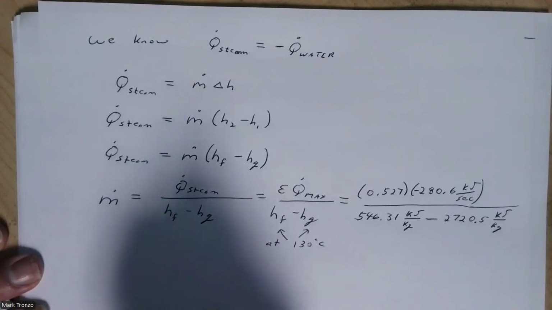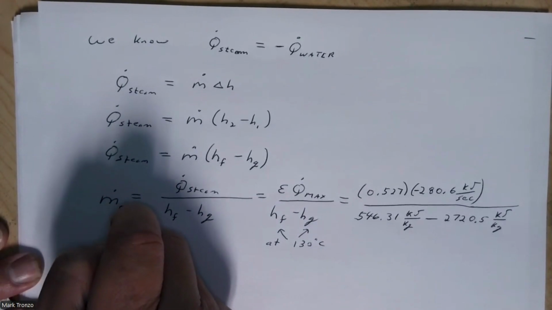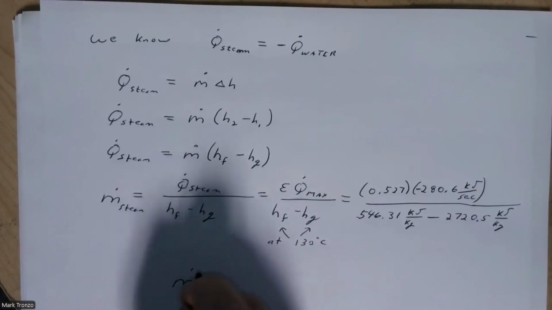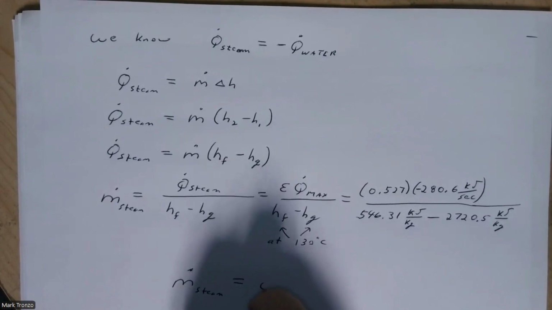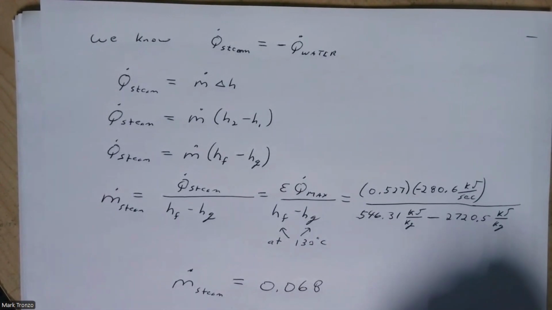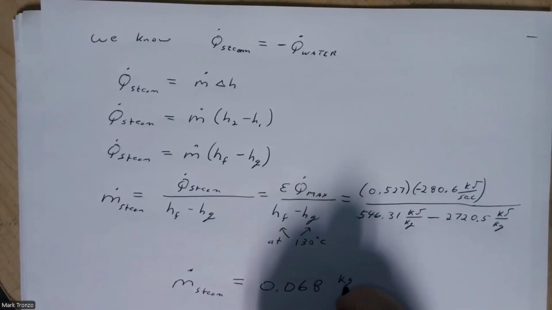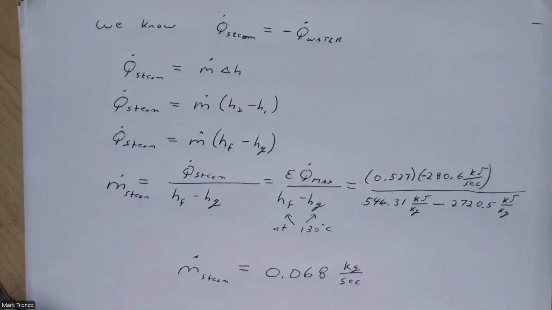And so I'm coming up with a mass flow rate of the steam of 0.068 kilograms per second. So that's the mass flow rate of the steam.